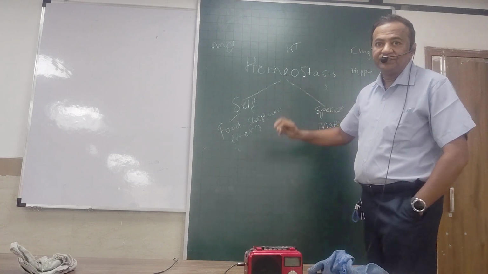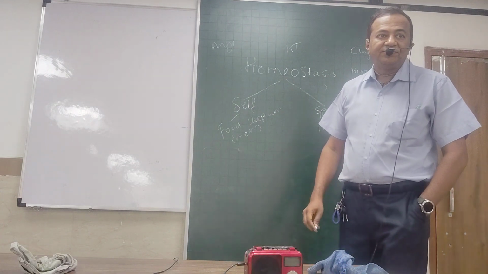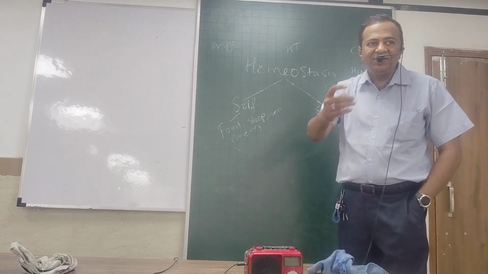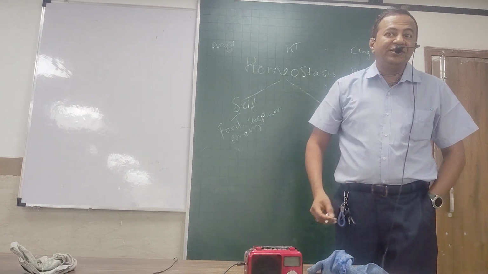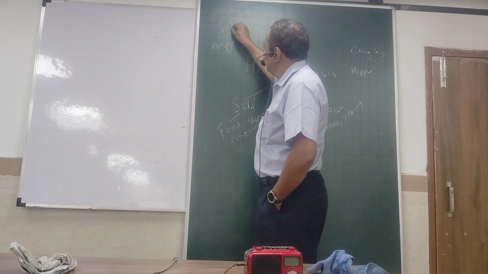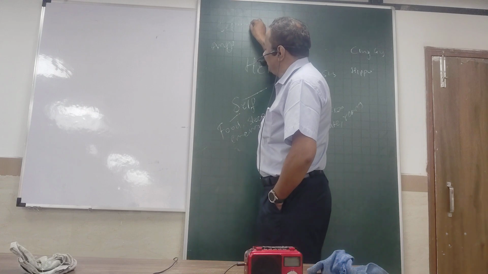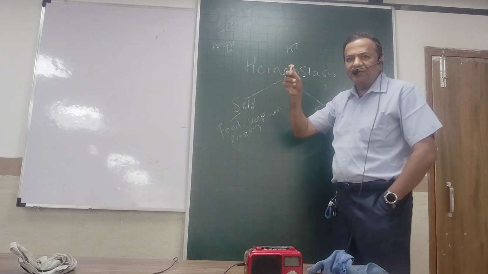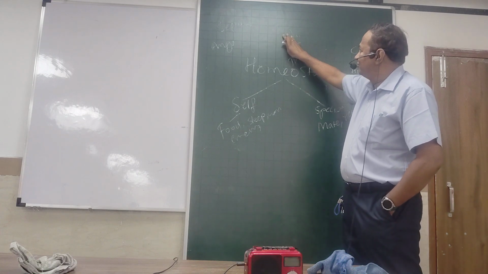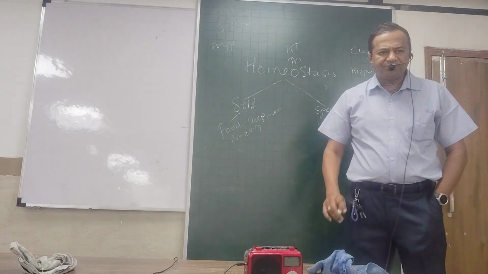Then mammillary body. And one main region you are forgetting, septal areas. Even one nucleus of the thalamus, the anterior nucleus of the thalamus, is also there.